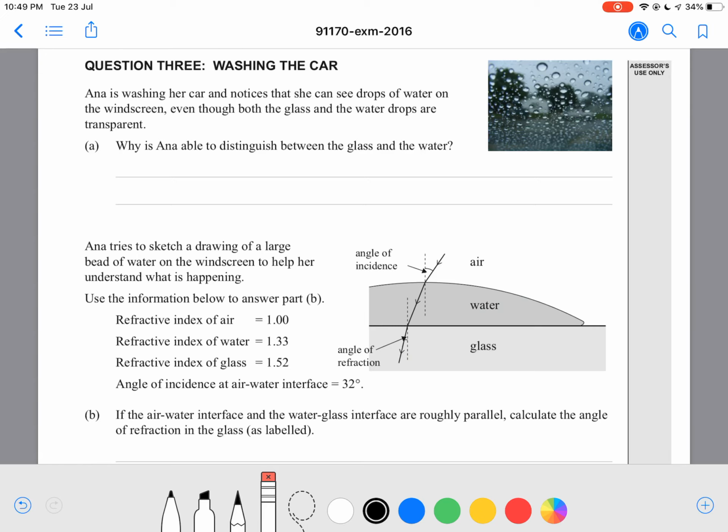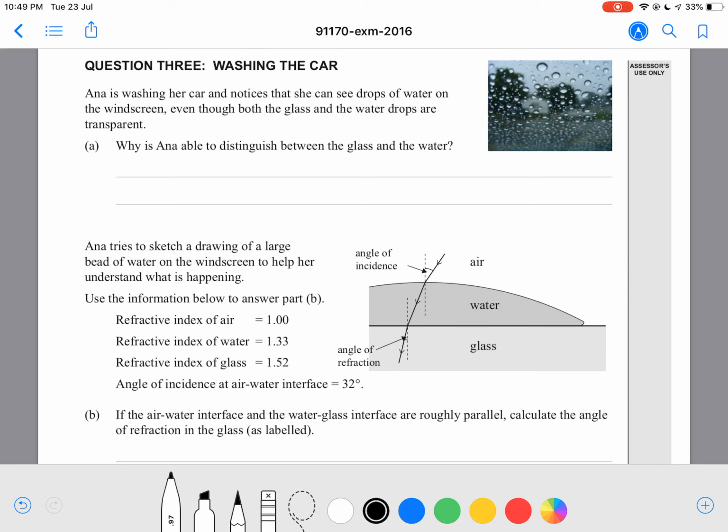Simply, this is refraction, because the water and the glass have different refractive indices, so the light bends differently in both these mediums.